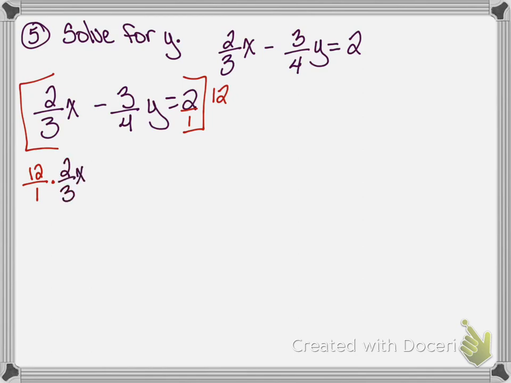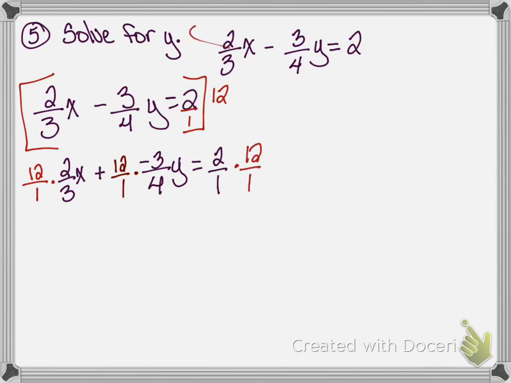Then I am going to make this plus negative 3/4 y, because I know that I might lose my negative. So I am multiplying that times 12 over 1, and that is set equal to 2 over 1, and I am multiplying times 12 over 1.